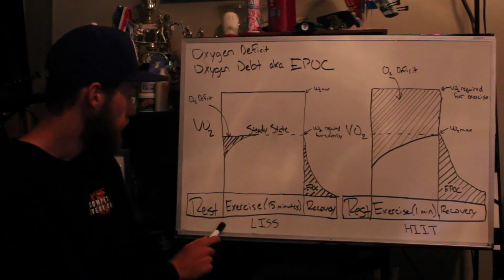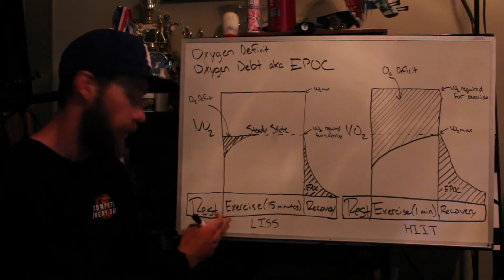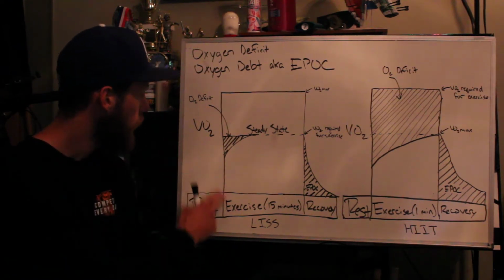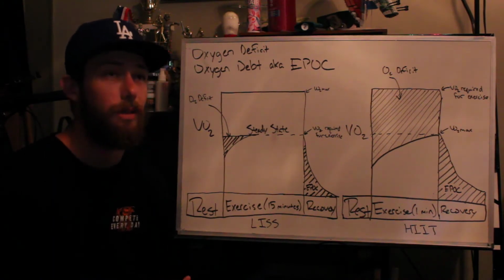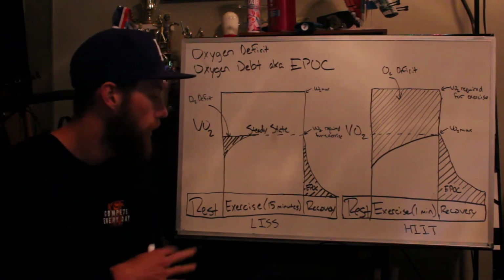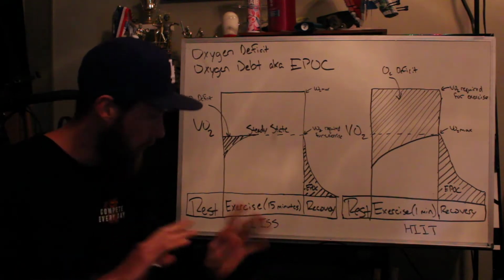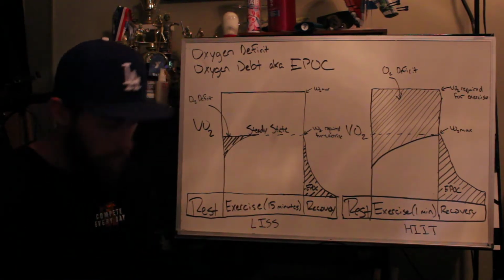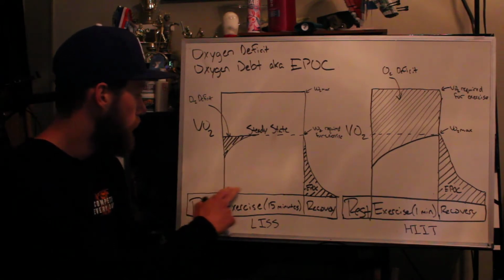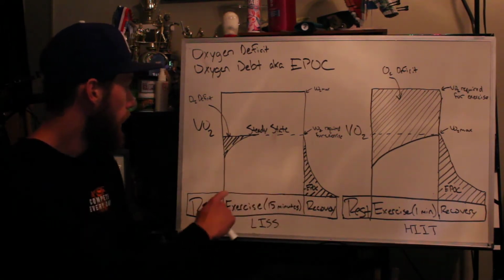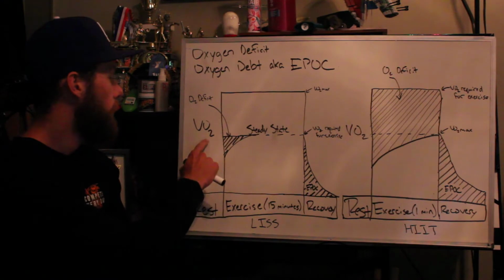So you have your rest, where you're not doing anything. Exercise starts right here. We just have 15 minutes. Really, when you're doing LIST, you're probably going to be doing longer than that, but that's just what we have written down on the graph, all right? Now, you can see this goes across here, and this is your VO2.